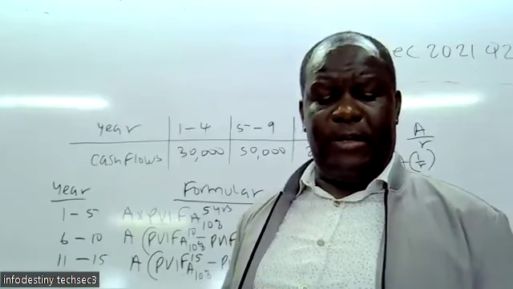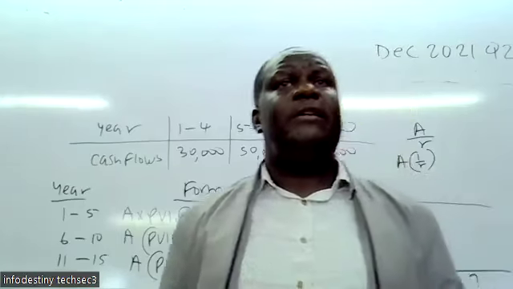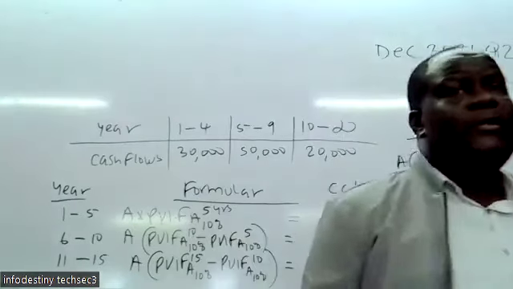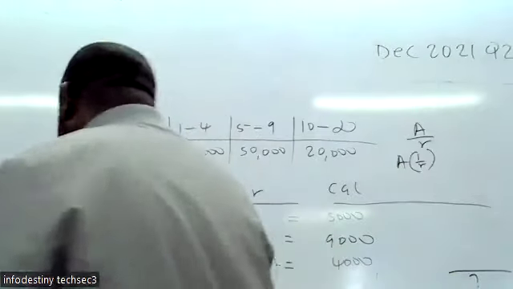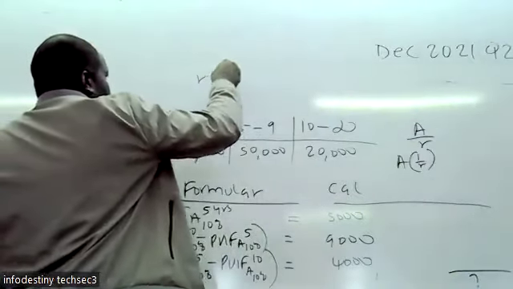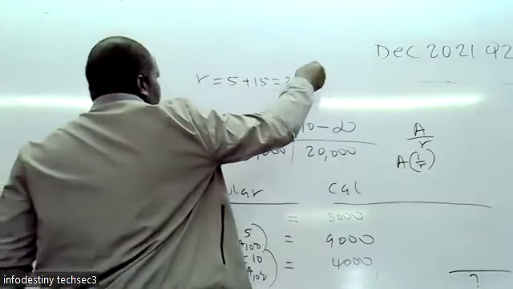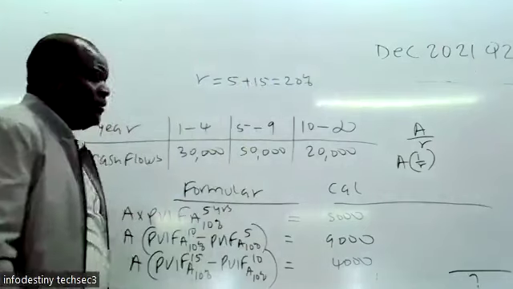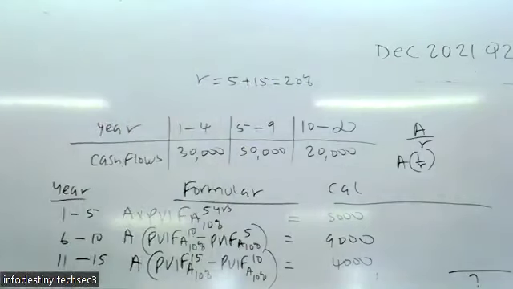So that required rate of return is now our cost of capital or simply the interest rate. So your R that we are using up there, simply take 5 plus 15, which gives you 20. So we should be using 20%.